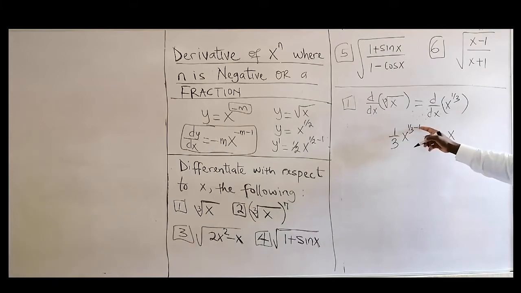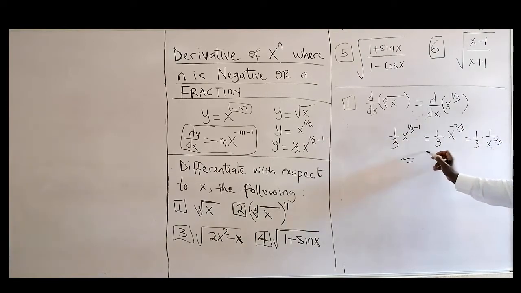That will be 1 minus 3, that's minus 2 over 3. And your final answer: remove this negative here, which will be 1 over x to power 2/3. So your answer is what? 1 times 1, 1, and then 3 x to power 2/3. So that's that on that.